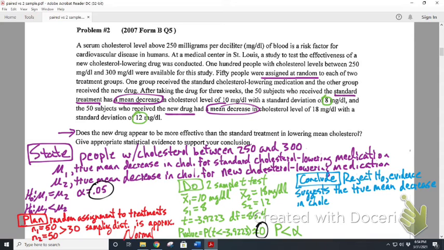Make sure you use context here. Is more for the new medication than standard.